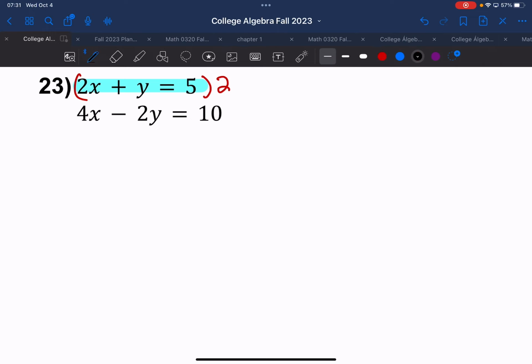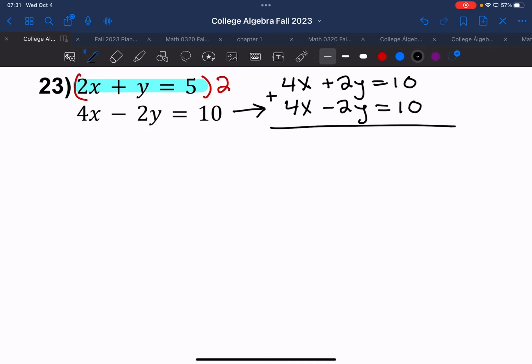So that means for that top equation, we now have 4x plus 2y is equal to 10. And then I'm just going to rewrite that bottom equation under it. So 4x minus 2y equals 10. Then we add it down just like we did in the other problem. So now when we add this down, which variables are going to cancel?